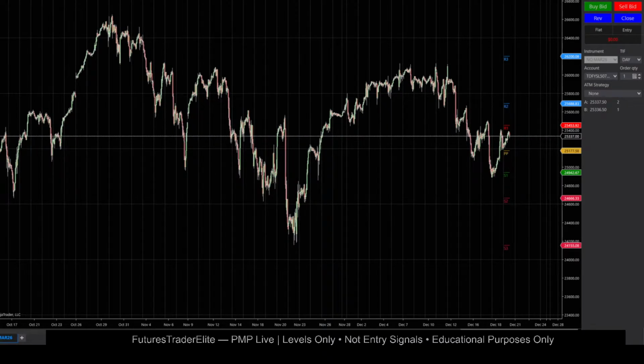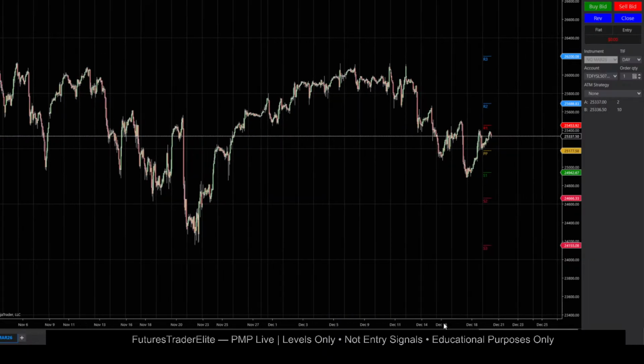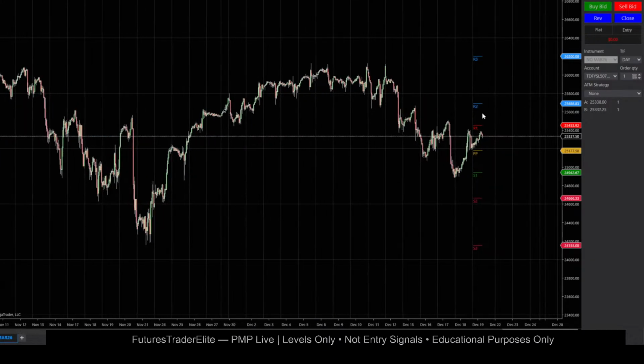We're above the golden pivot here, but we're still in this bearish downtrend over here. We protected this low right here, but we got awfully close to it.